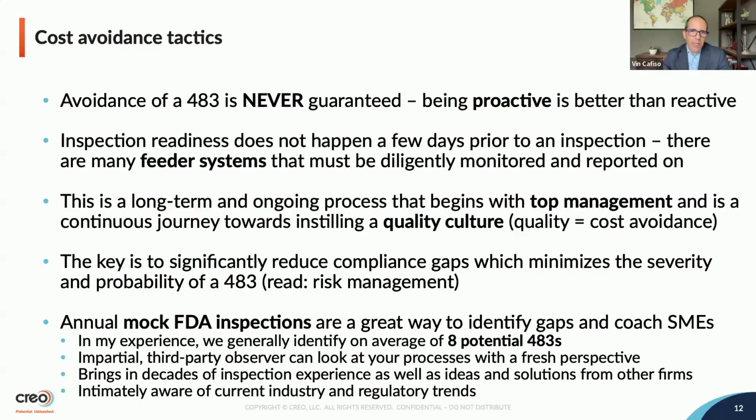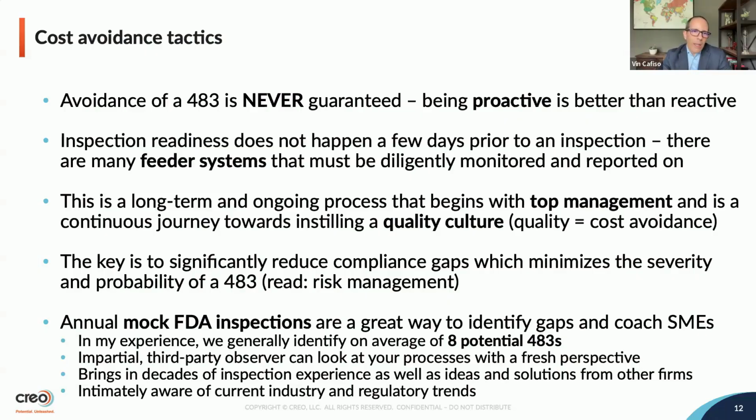And this will then minimize the severity and probability of a 483. So you're essentially managing risk every day, potentially not avoiding a 483, as Ryan mentioned, but certainly reducing the seriousness of it, like the systemic nature of it. You're really trying to minimize that.